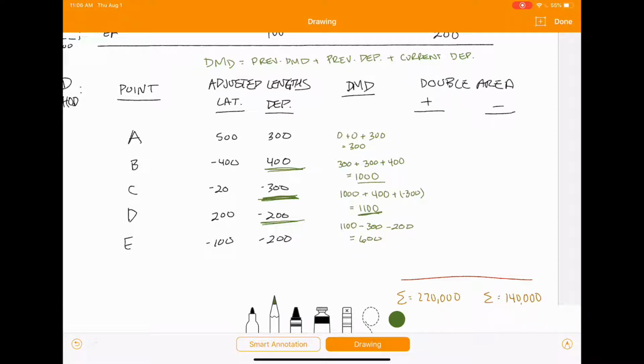And then finally for E, previous DMD, which is 600, plus our previous departure, which is negative 200, plus current departure, 200, for a total of 200.